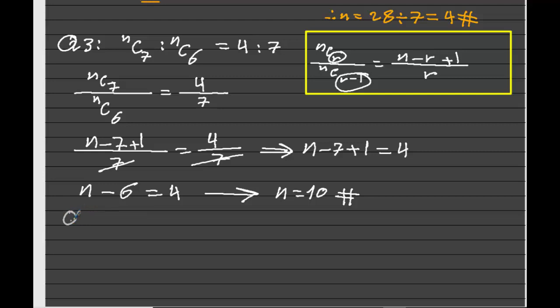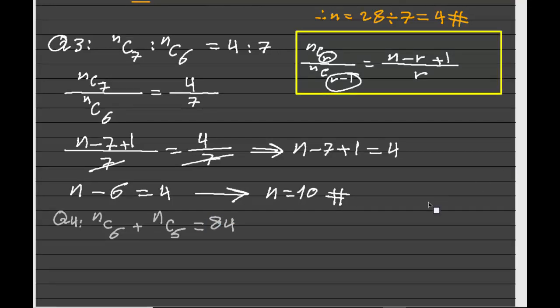Question number 4. We have nC6 plus nC5 equals 84. So what is the rule?